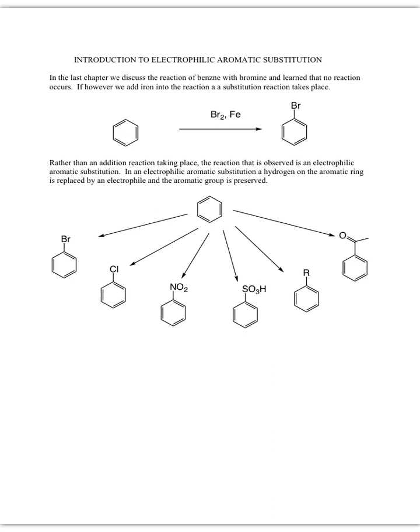So in an electrophilic aromatic substitution, we have to come up with, shockingly enough, an electrophile. So we need to come up with something with a positive charge on it for the aromatic ring to attack, to add on to it. So when you look at all of these things that add on to the aromatic ring, we have to get a positive charge on it.